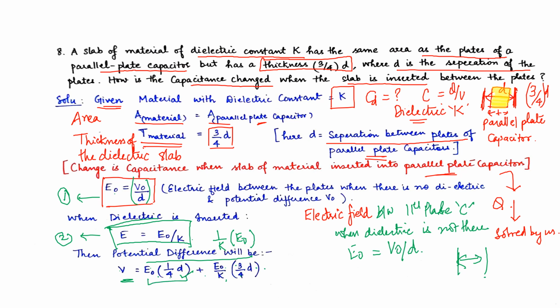This first term is for the parallel plate capacitor, and this one is for the dielectric media. Why do we need to find V and E? What's the concept?